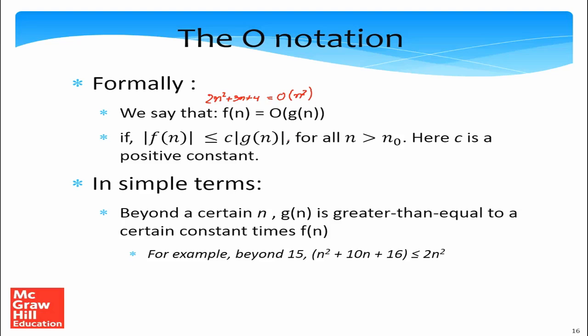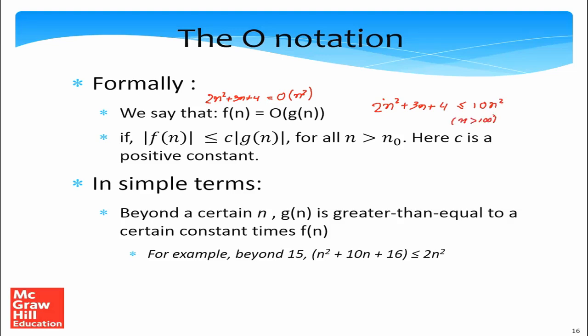What this basically means is that, let's consider positive n, so the absolute value will go away. The absolute value is more of a mathematical artifact. We can say that this is less than or equal to 10n square for n greater than 100.